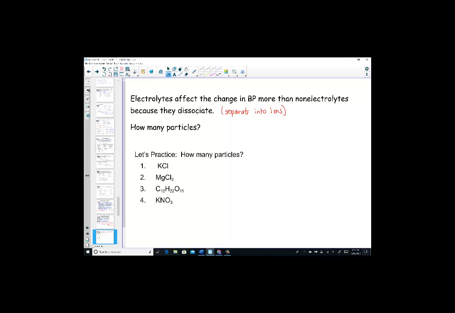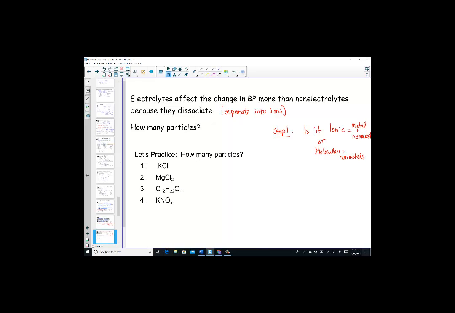How many particles? Well, let's practice. How many particles are in the following? To do this skill, step 1, ask yourself, is it ionic or molecular? If you answer ionic, that's because you see a metal ion electrically balanced with a nonmetal ion. And if you answer molecular compounds, these are all nonmetals that are covalently bonded, not built of ions at all.